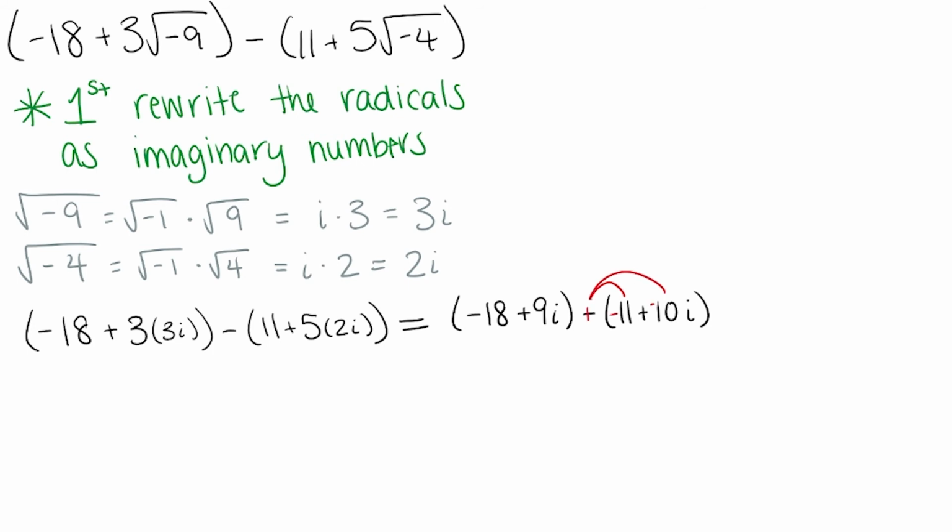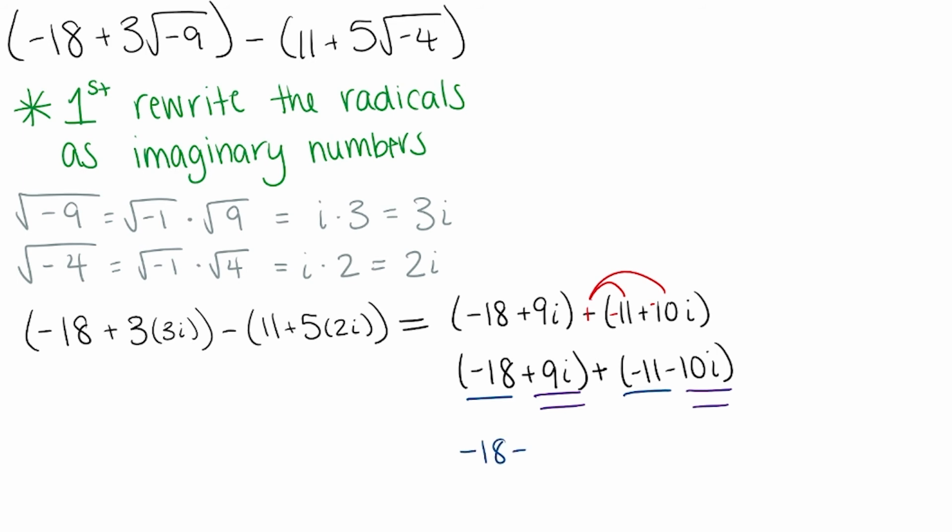The expression becomes negative 18 plus 9i plus negative 11 minus 10i. Now we'll combine our like terms. Negative 18 and negative 11 are like terms. 9i and negative 10i are like terms. So when we add those together, we get negative 18 minus 11 plus 9i minus 10i, and that's equal to negative 29 minus i.